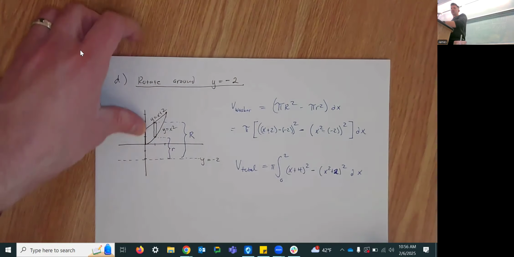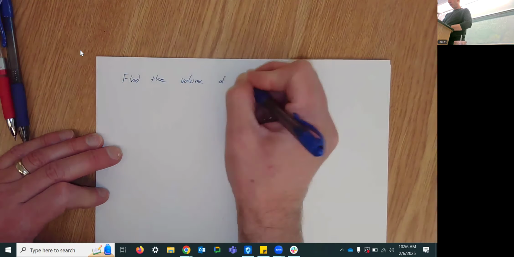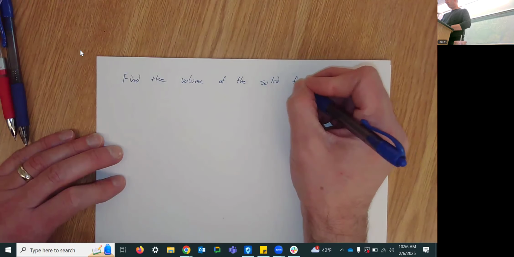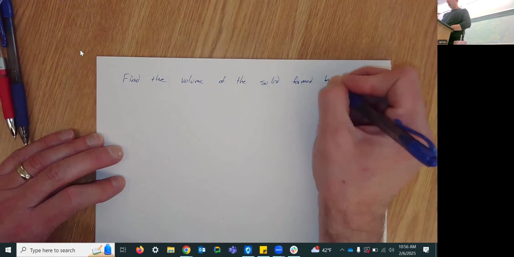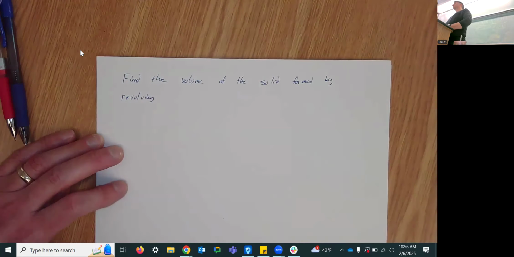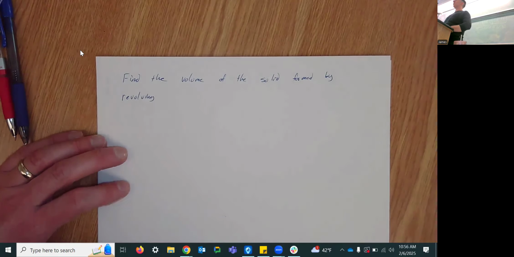Let's do the following. Let's find the volume of the solid formed by revolving. A lot of the times people don't write these words, just like, here's the boundaries revolving around this axis. You don't always need all these words.